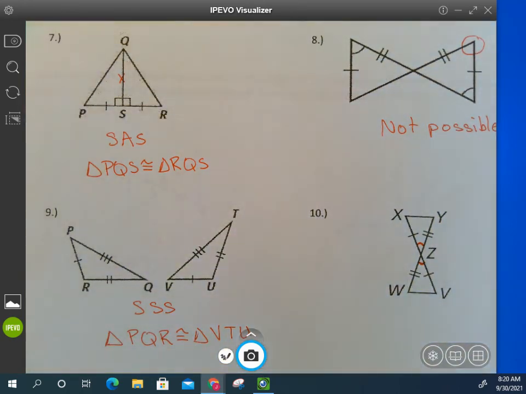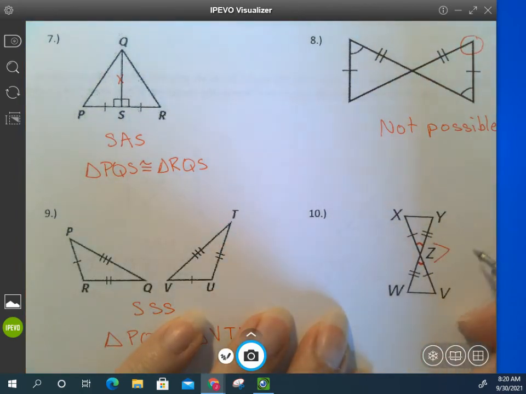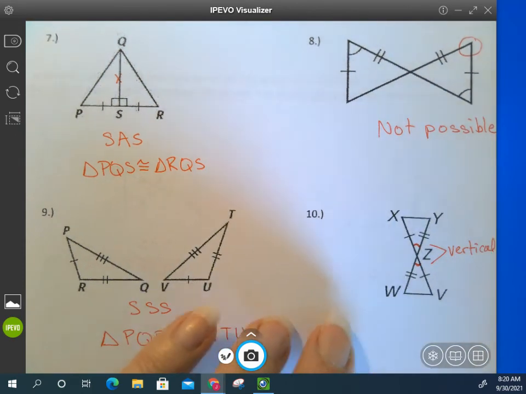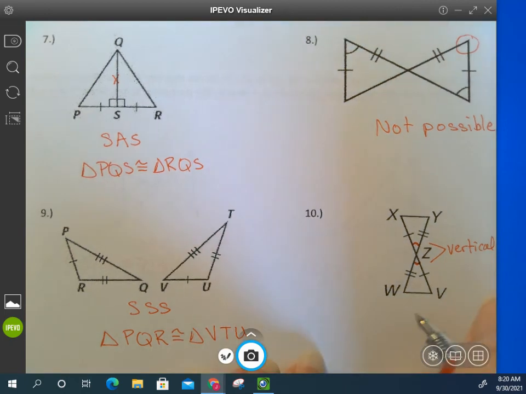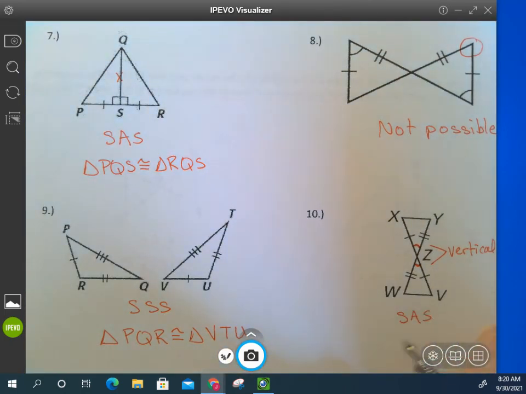I can't say, well, these look congruent, but this is a vertical pair, and vertical angles are congruent. So I didn't just make it up. I know that. So yes, this would be side, included angle, side. Side, angle, side, and its triangle XYZ is congruent to triangle BWZ.